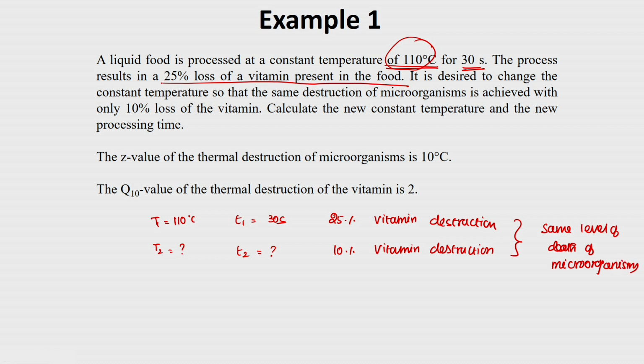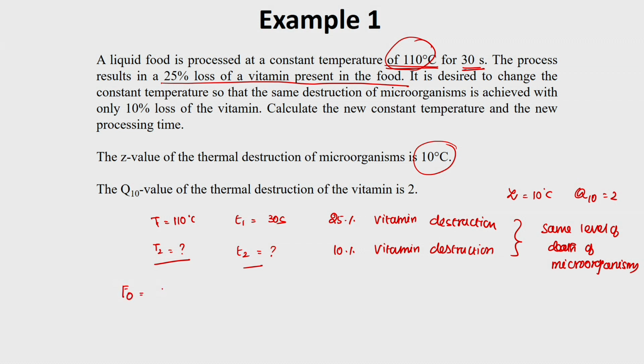So now we have to calculate the new temperature and the new processing time. The Z value of the microorganism is given, Z equal to 10, and the Q10 value is also given, which is 2. This Q10, Z, F0, F, everything you would be familiar with, I hope, because we have discussed extensively in the last classes. So the first one is F0, right.